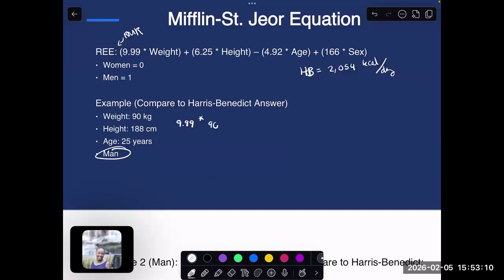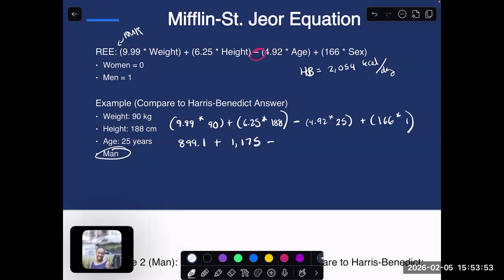So from here, let's go ahead and answer this question or walk through the calculations. 9.99 times 90 kilograms plus 6.25 times 188 centimeters minus, and again, I need to remember the minus, 4.92 times age plus 166 times 1 because he is a man. 9.99 times 90 is 899.1. 6.25 times 188 is 1,175 minus 4.92 times 25, which is 123.